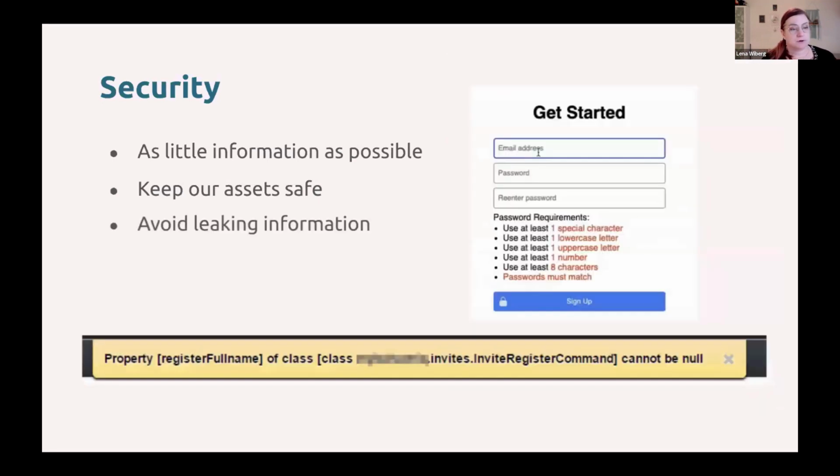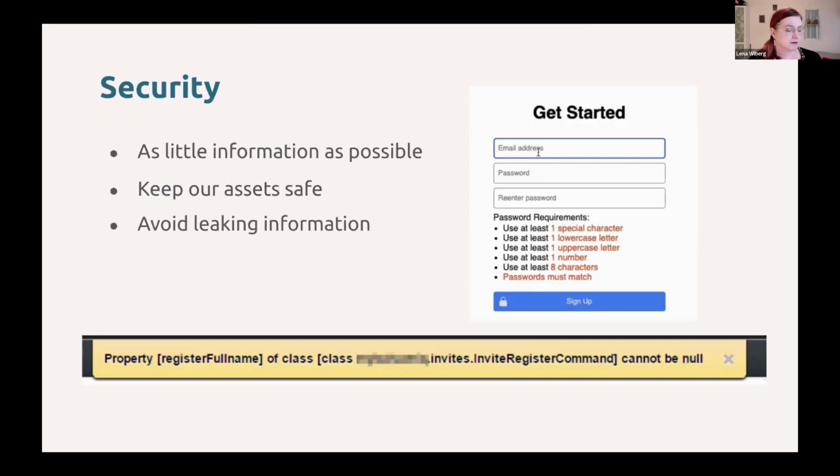And we want to avoid leaking exploitative information. So we don't want, as I mentioned, to let someone know an email address is in use. We don't want to give all of this information about a password format, because if an attacker knows all of this about our password format, they can use that to figure out things like what encoding we're using or what security level we're at, making it easier to attack.